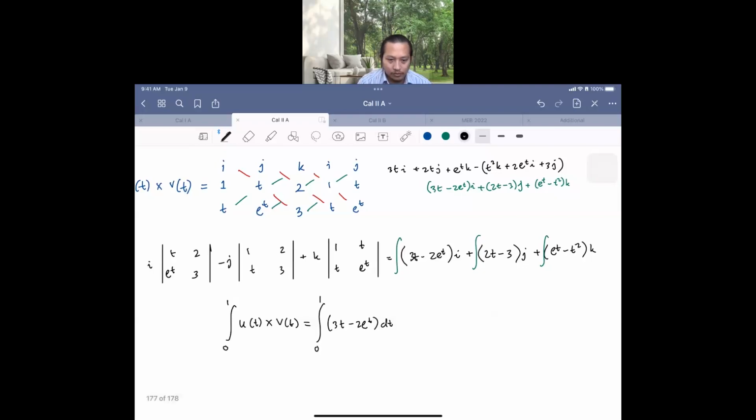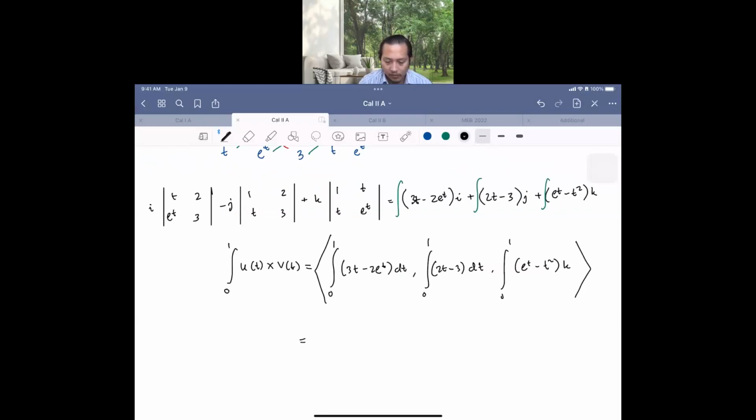Let me write into a bracket. I think it's better to write in a bracket. And then this will be 3 over 2 t squared minus 2e^t.